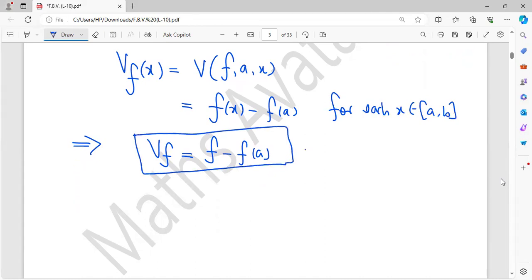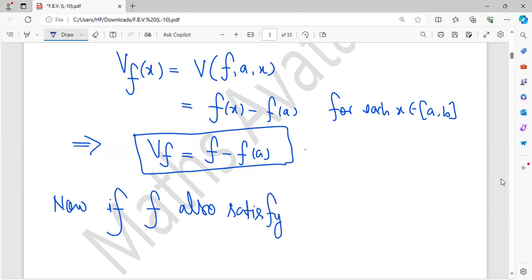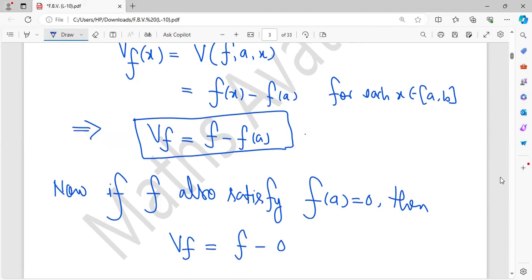Now, additionally, if f also satisfies f(a) is equal to 0, then what we will get? Then V_f is equal to f minus f(a), which will be f.